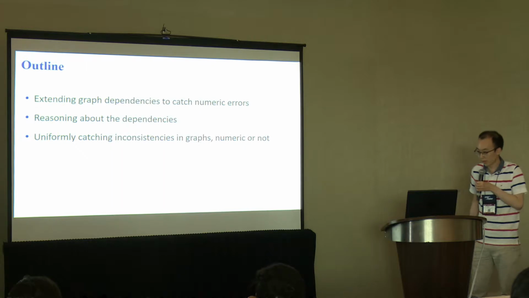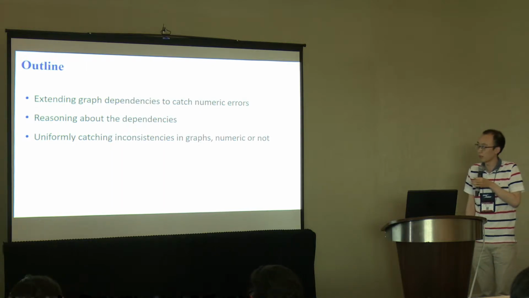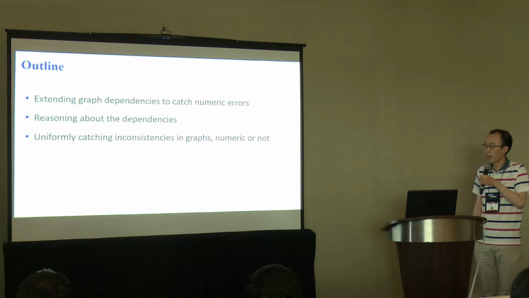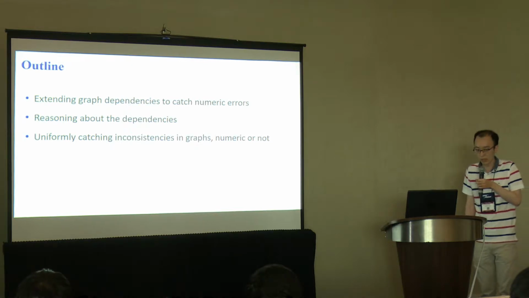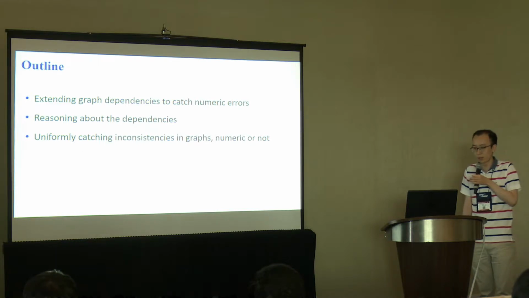So the examples raise several questions. Firstly, how should we extend graph dependencies to catch numeric inconsistencies? And does the extension make it harder to reason about the dependencies? Moreover, can we develop a uniform framework to detect errors in real-life graphs, whether numeric or not?